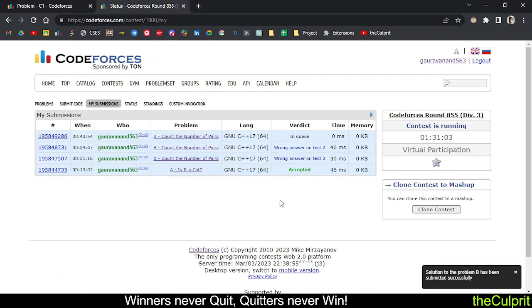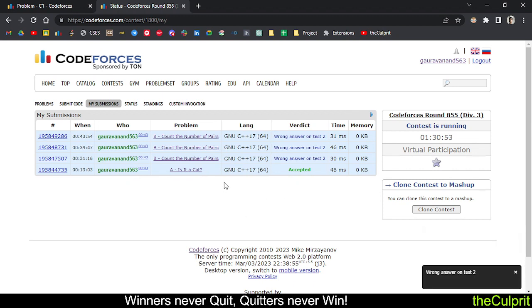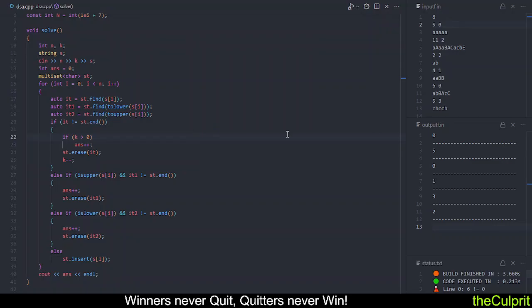Okay. K is greater than 0. If we have some operations, then only the answer should get incremented.